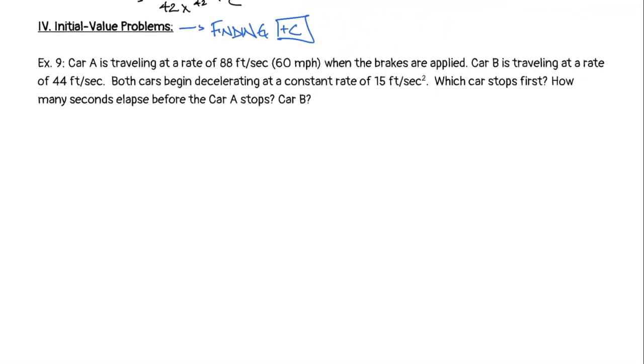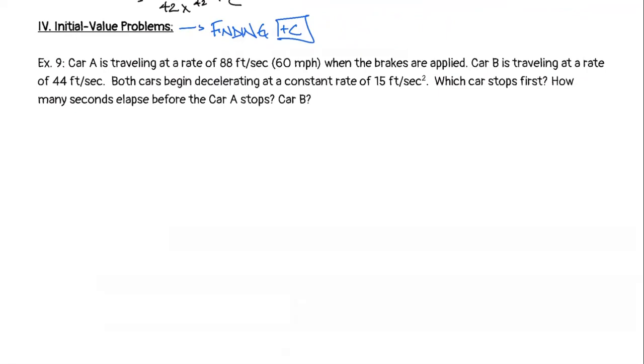We've got car A traveling at one rate and car B traveling at a different rate. Car A is going 88 feet per second and car B is going 44 feet per second. They both slam on their brakes at the same time, and their brakes work the exact same way.